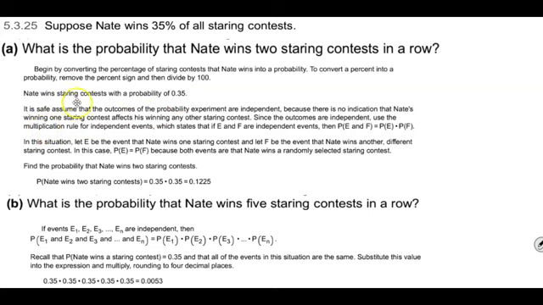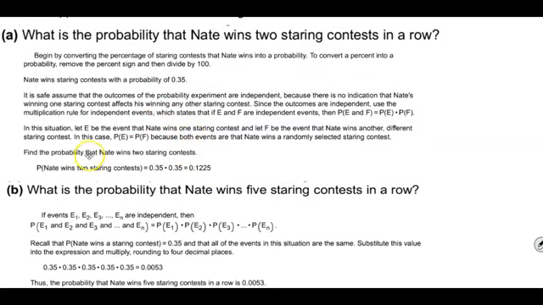Now, it is safe to assume that the outcomes of the probability experiment are independent, because there is no indication that Nate's winning one staring contest affects his winning any other staring contest. Now, since the outcomes are independent, we're going to use the multiplication rule for independent events.